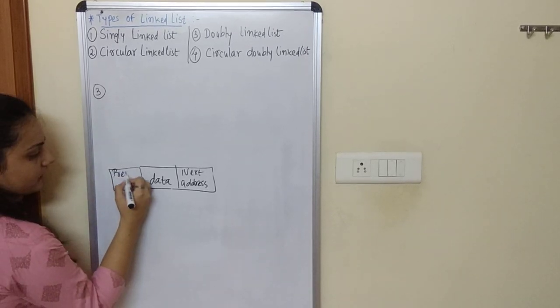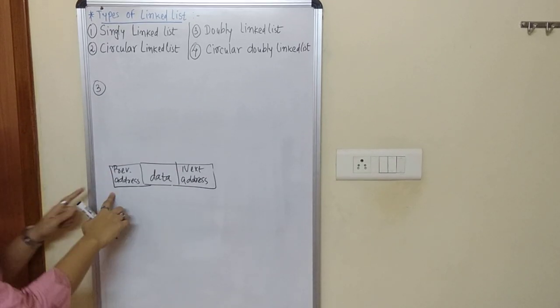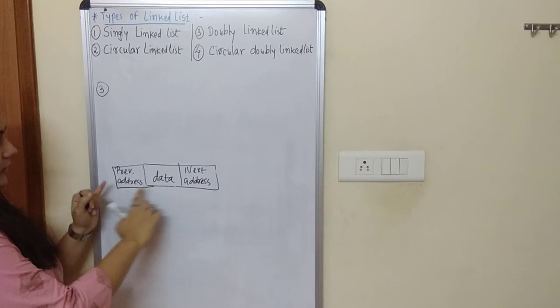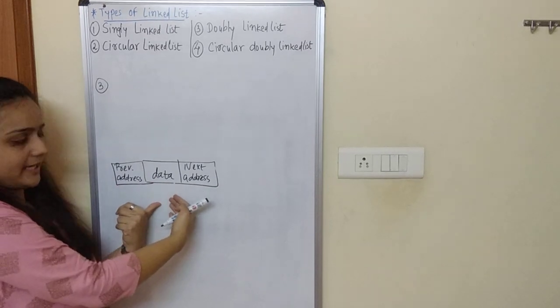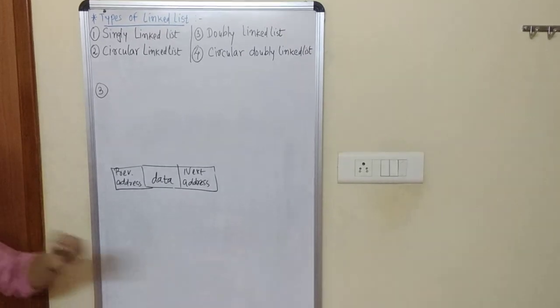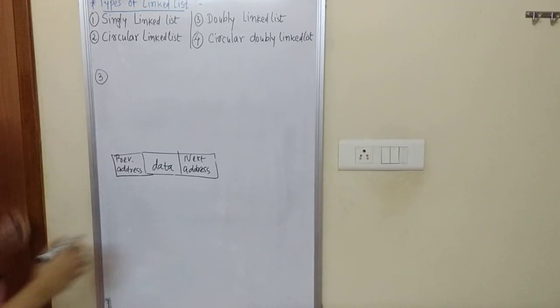So in the doubly linked list, the node looks like this. It is having 3 parts. The very first is the previous address, the middle one is the data, and the next is the next address of the node. Now the doubly linked list looks like this.